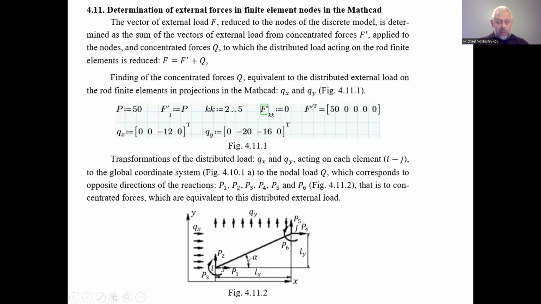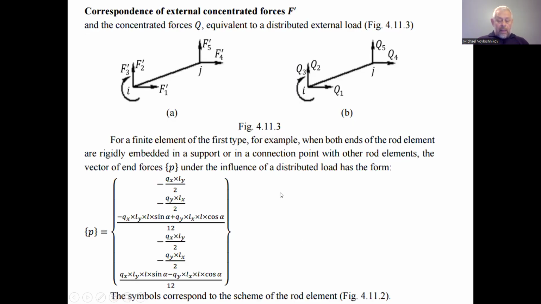In a general finite element scheme, some of the efforts applied to the ends are zeros, and the cause of these efforts appearing is the distributed load. So the distributed load is assigned, and we have to find these forces corresponding to the assigned distributed load.